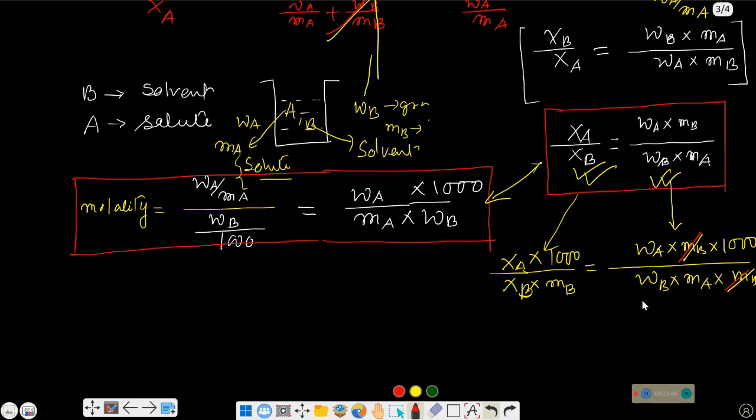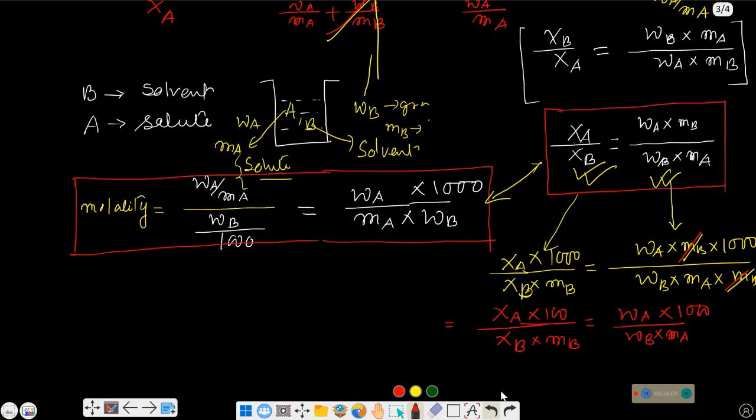And you see now, the mole fraction of A divided by the mole fraction of B into 1000 divided by MB is equal to how much? WA by WB into MA into 1000.